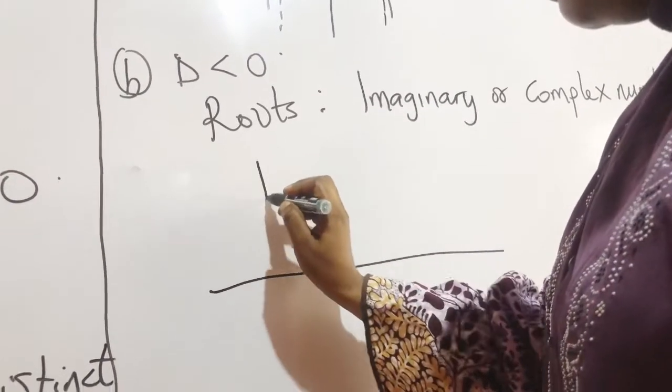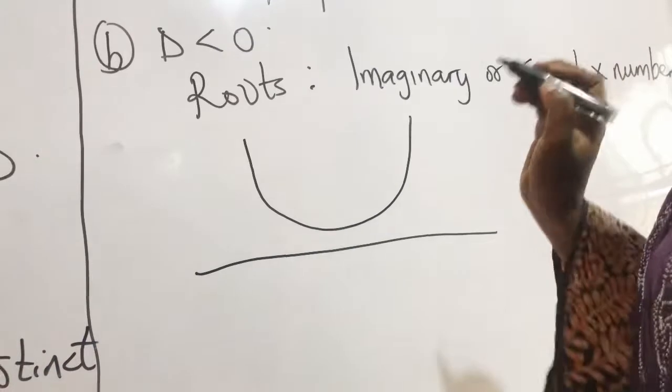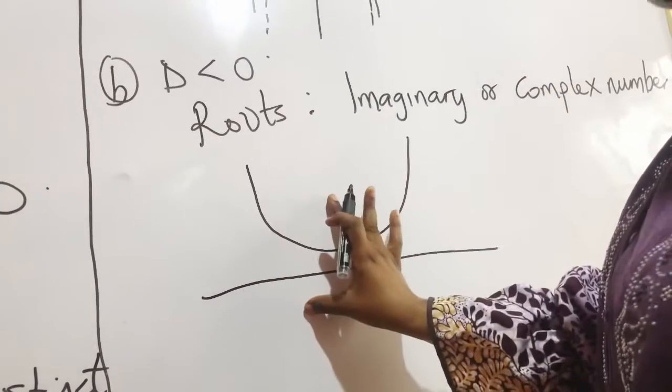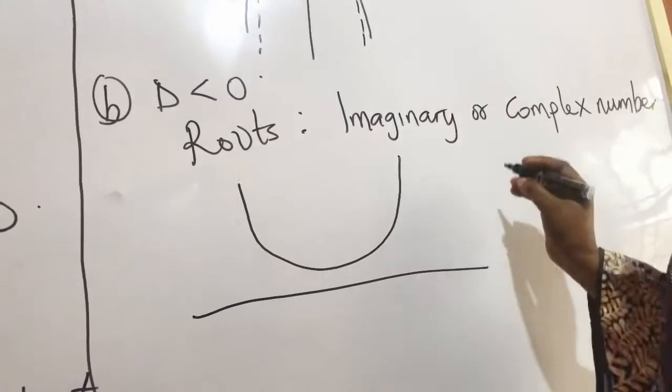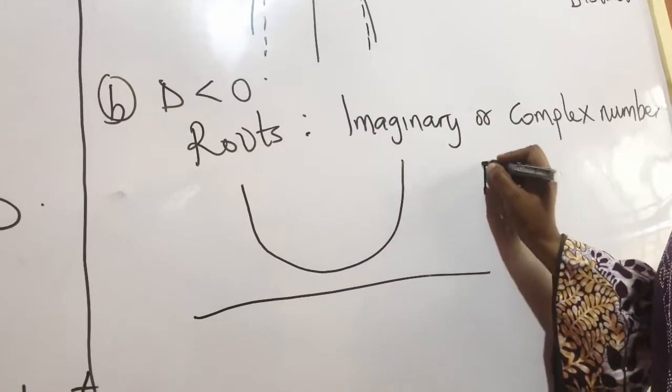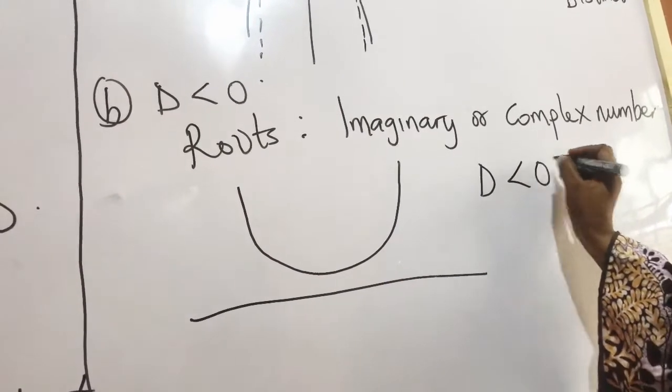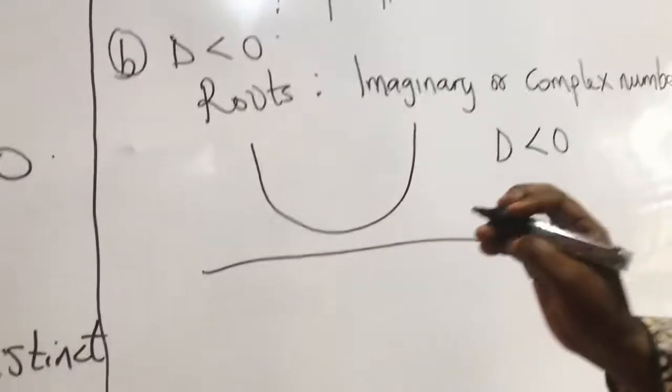Maybe it's like this. If you see any graph that looks like this, you should know that d is less than 0.